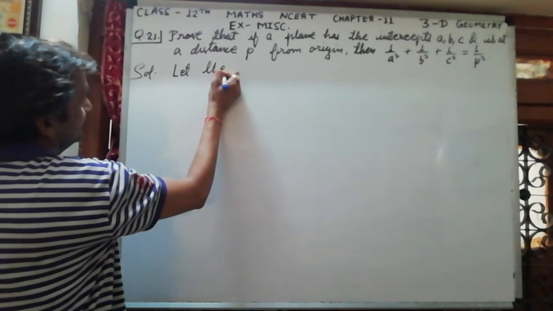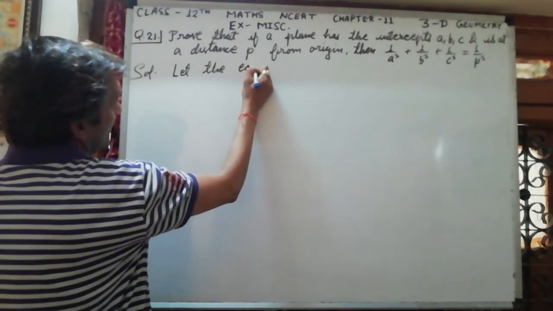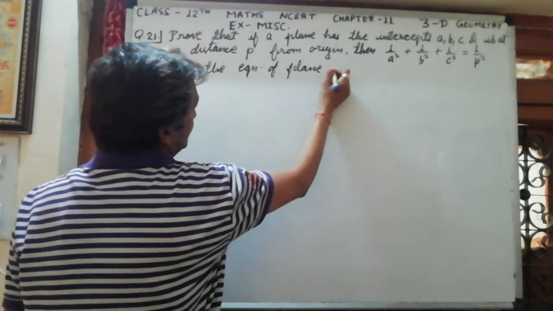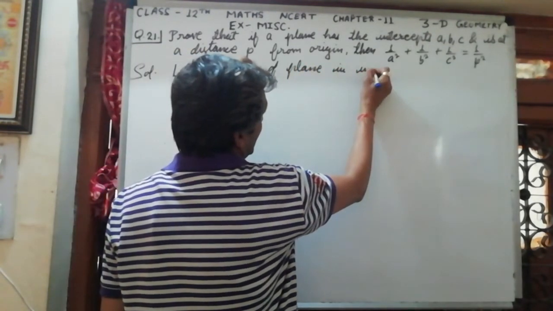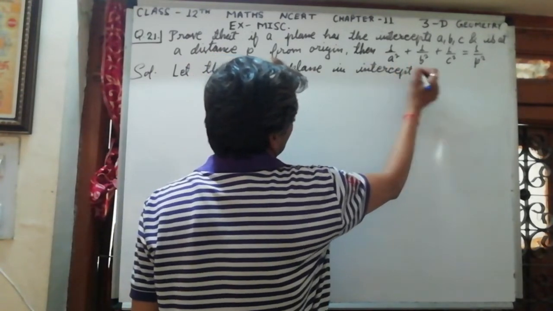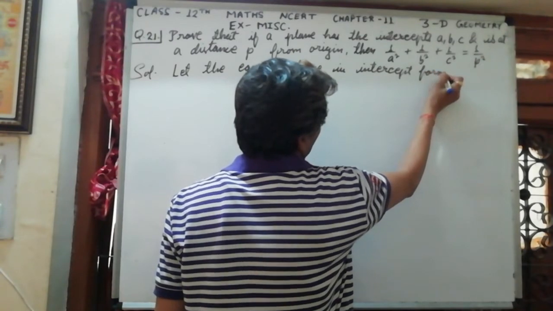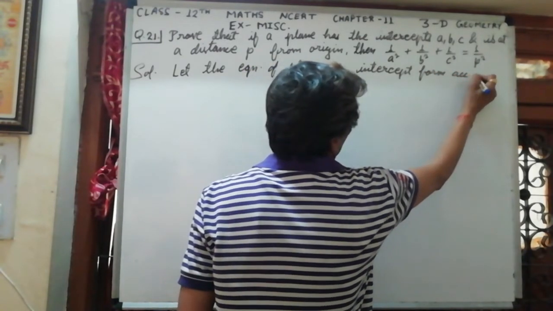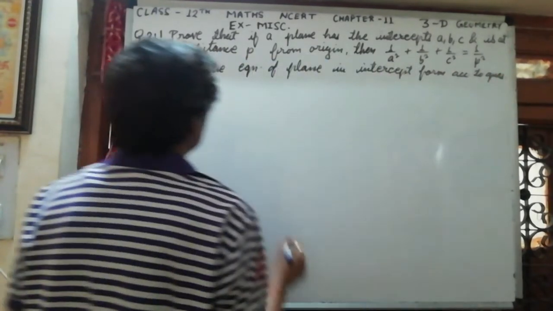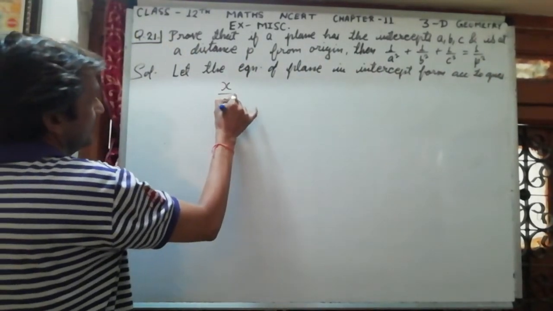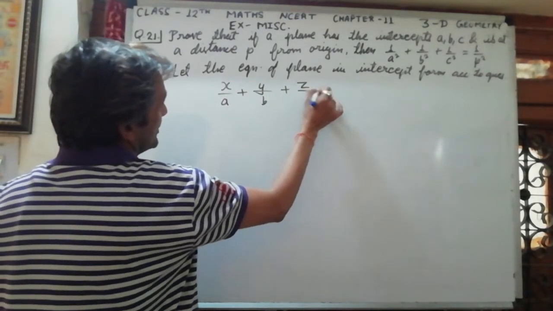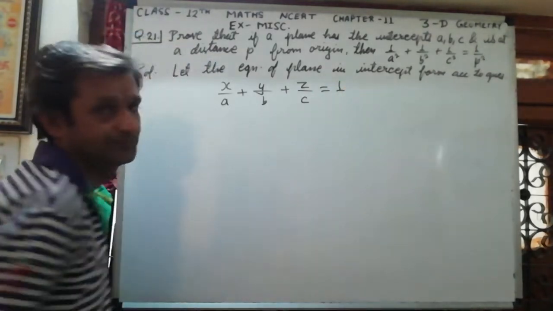let the equation of the plane in intercept form, according to the question, be x upon a plus y upon b plus z upon c is equal to 1.